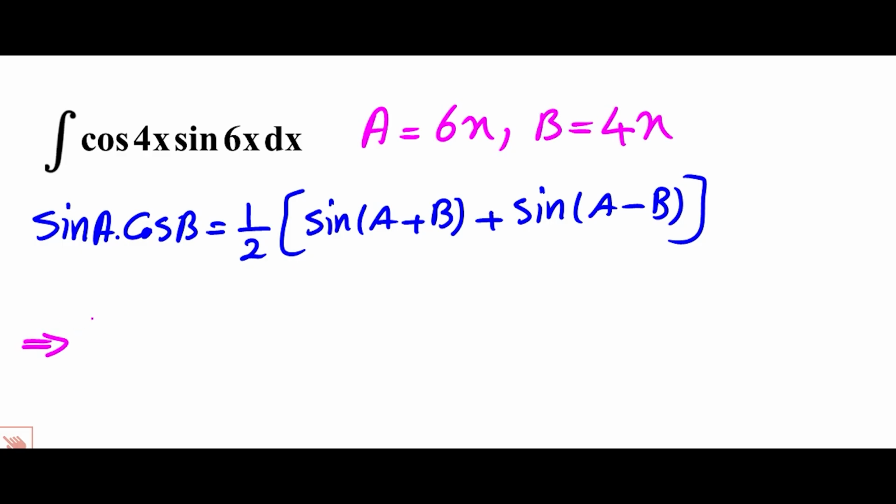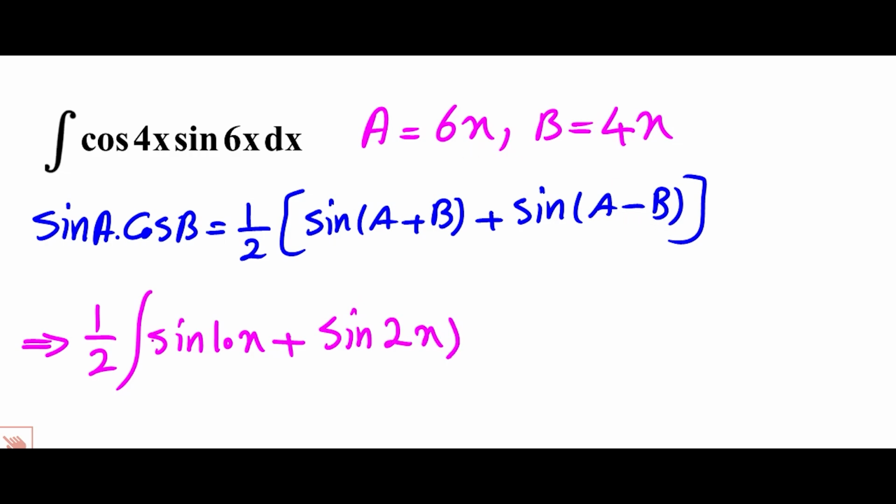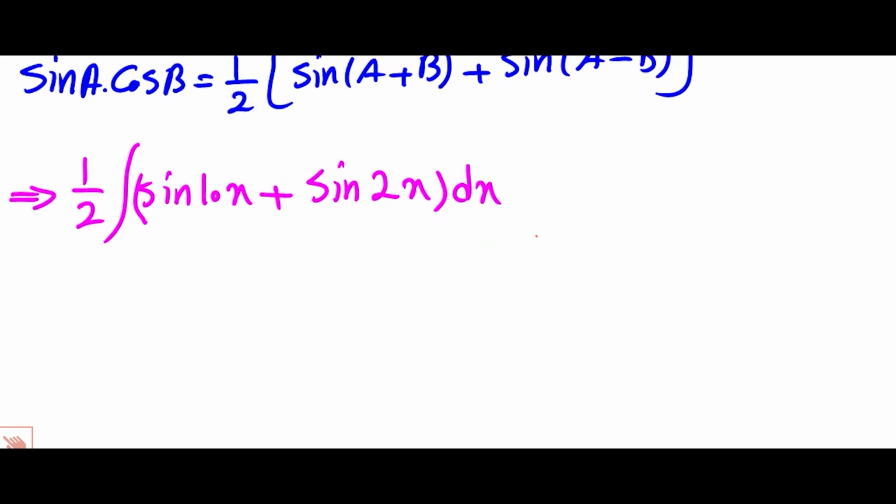So the integral becomes 1/2 times the integral of sine of a plus b, which is 10x, plus sine of a minus b, which is 2x, dx. So integration becomes I equals 1/2 times the integral of sine of ax, which equals negative 1 over a cosine of ax.